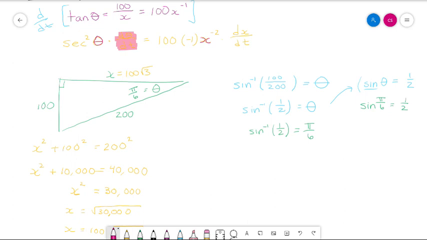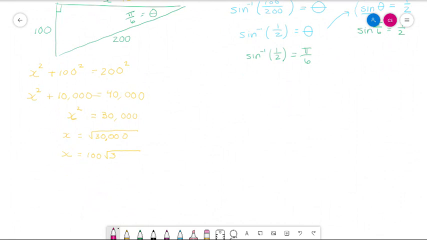Okay, so we are on this last part of the equation. Once we use the chain rule to find the derivative with respect to t of both sides, then we make all our substitutions to figure out d theta dt. And we use the fact that z was equal to 200, and we were able to figure out x, and we were able to figure out theta. So let's make all those substitutions now.